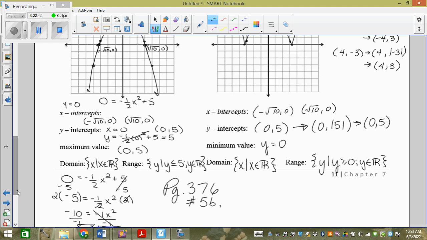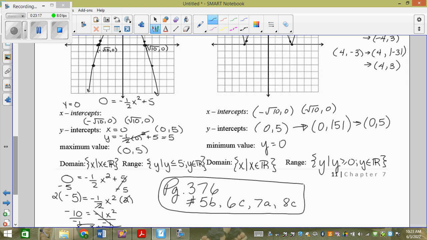The way to sketch that is you can either put it in your calculator and sketch it, or you can sketch 2x minus 6 first, and then take the absolute value like we just did, right? So we'll do 6C, 7B. Oh, I lied. I want 7A. Pranked you. And then 8C. 4 questions, people. 4 graphs.